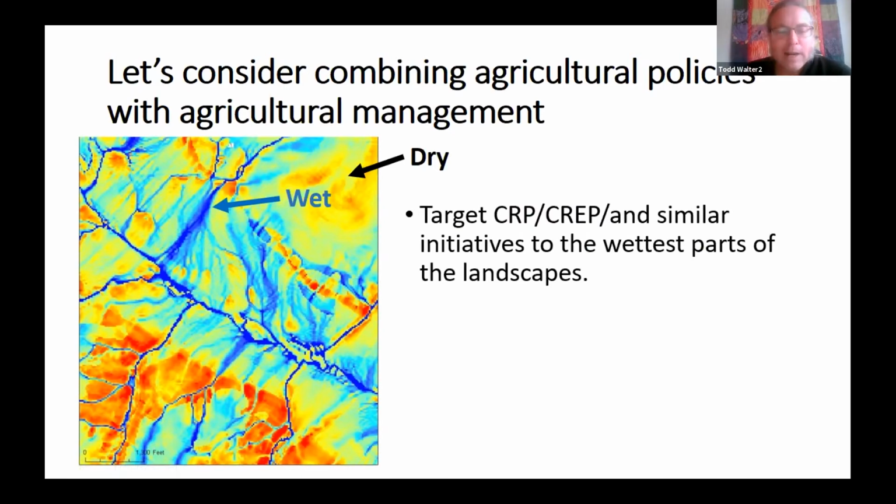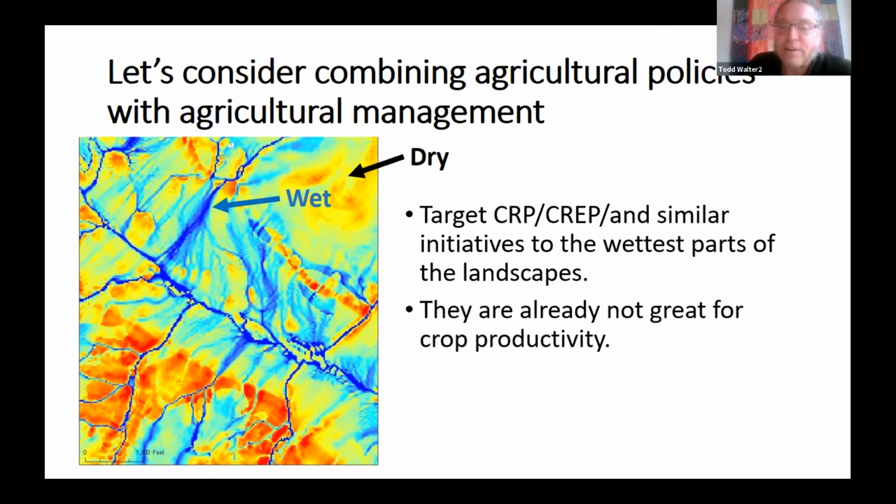My thought, what I want to bring to the table, and this is where I think we could overlap with Steele's talk: can we figure out how these areas are distributed in the landscape to target our adoption of CRP or CREP or similar incentives to try and preserve those areas? And that's the areas where we're going to actually be able to store lots of carbon.